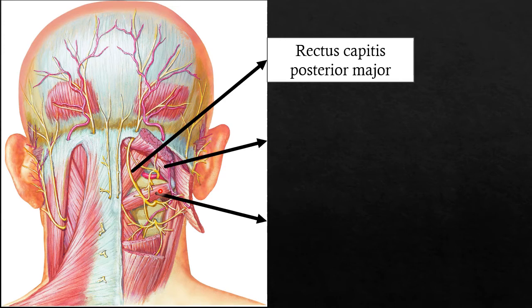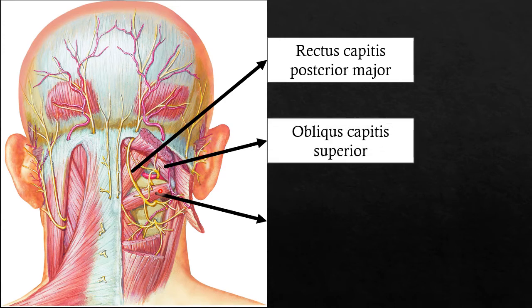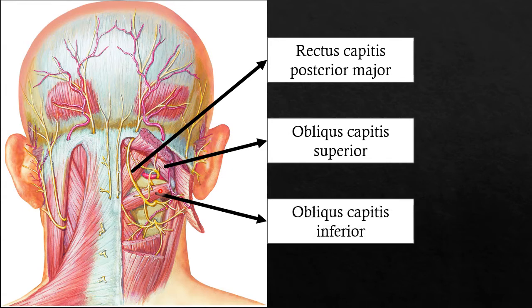Here you can identify the triangle, which is called the suboccipital triangle. First we saw the occipital triangle, and underneath it we can identify the suboccipital triangle.